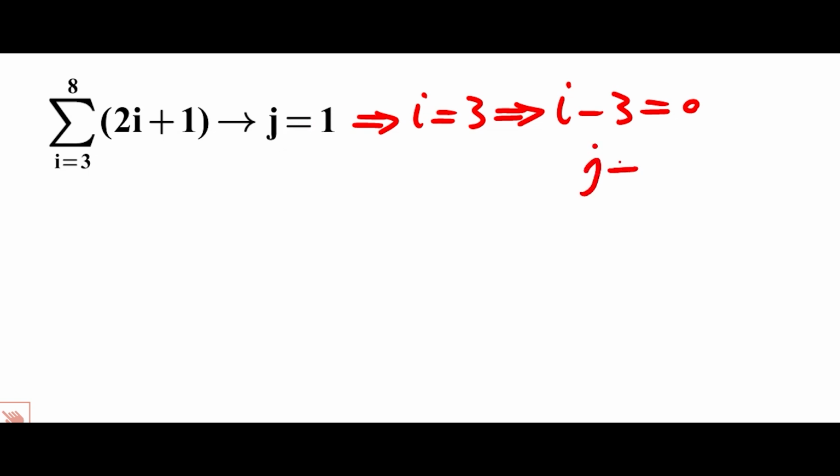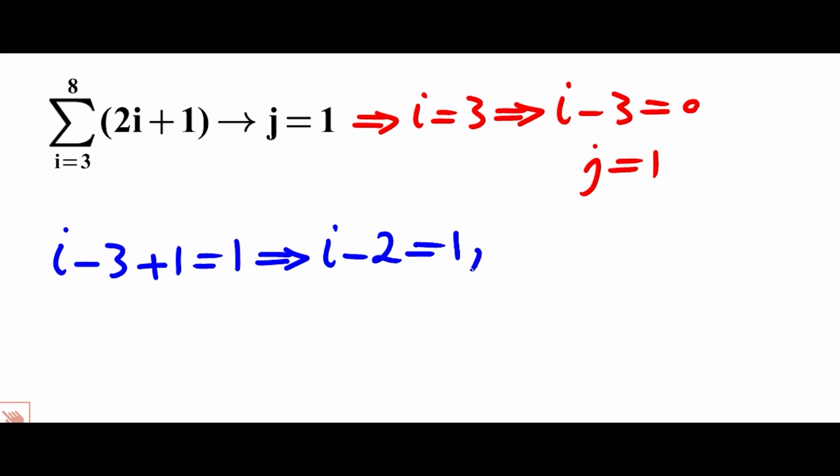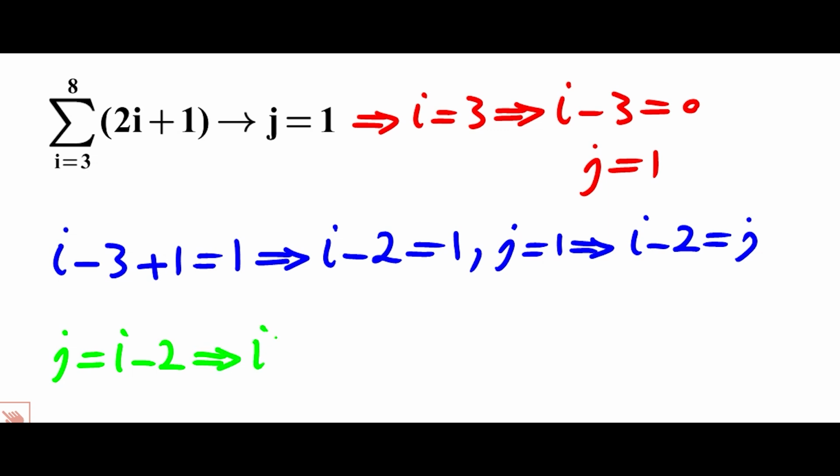So if we add 1 to both sides, we get i minus 3 plus 1 equals 1, so i minus 2 equals 1. So let j equals i minus 2, or i equals j plus 2.